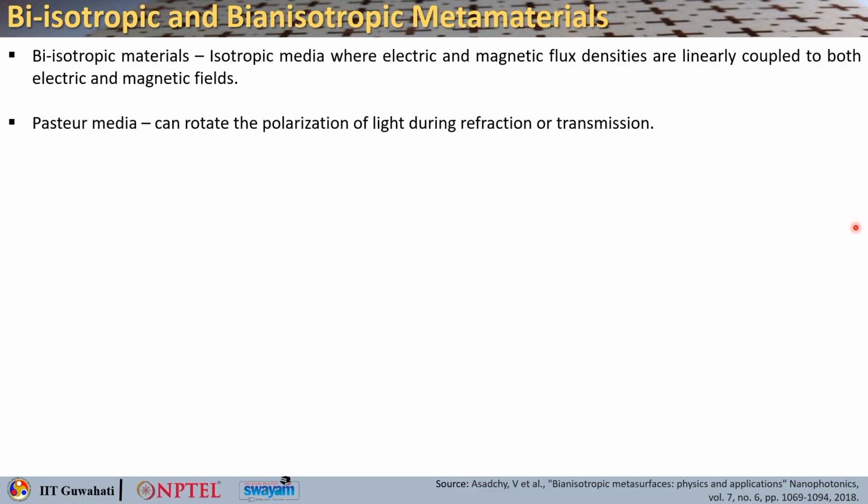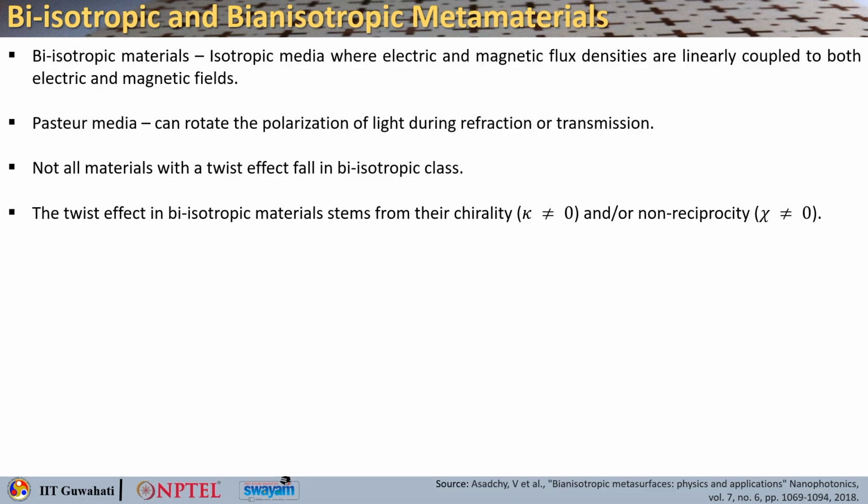Okay. So, a major subset of this kind of material, also known as Pasteur media, can rotate the polarization of the light in either refraction, that is like transmission, right. So, not all materials with a twist effect basically fall in this biisotropic class.